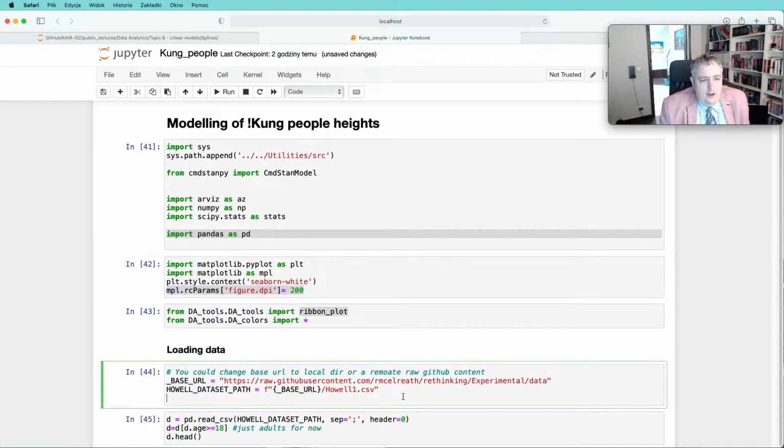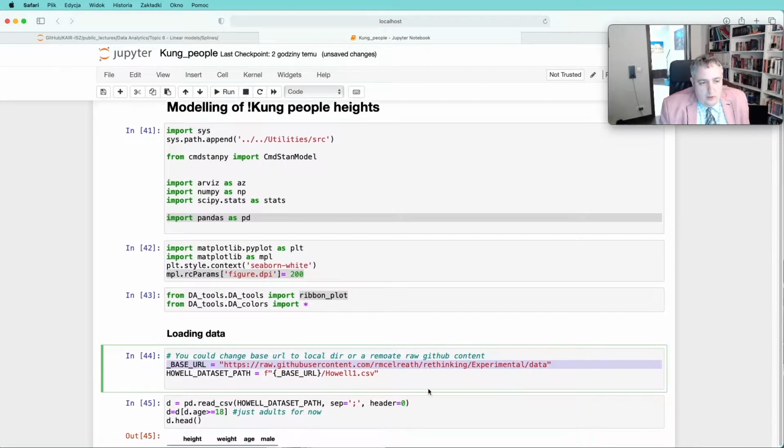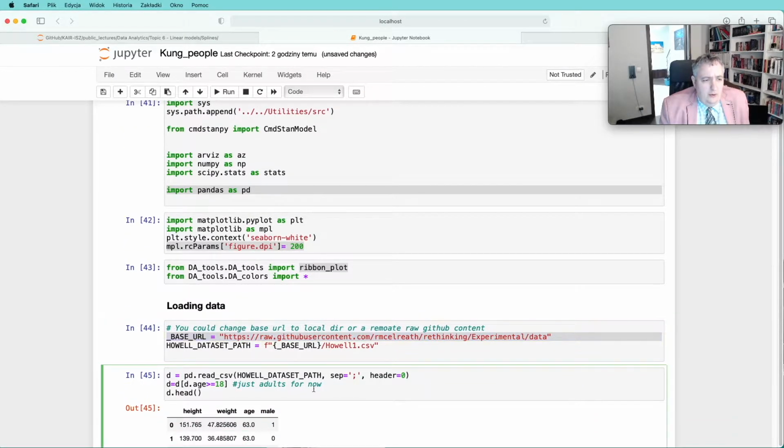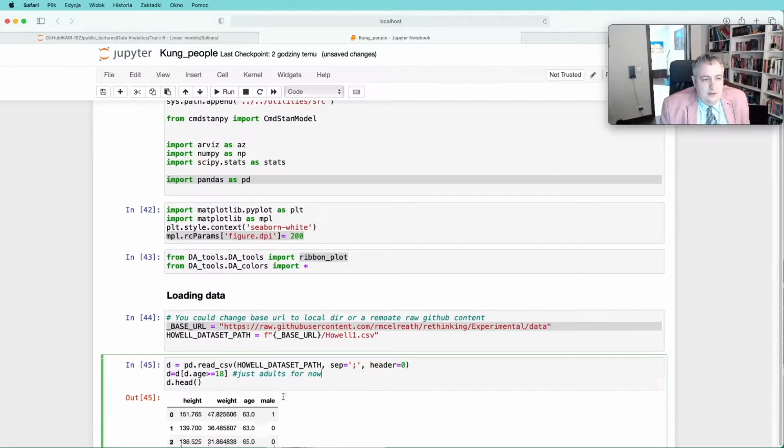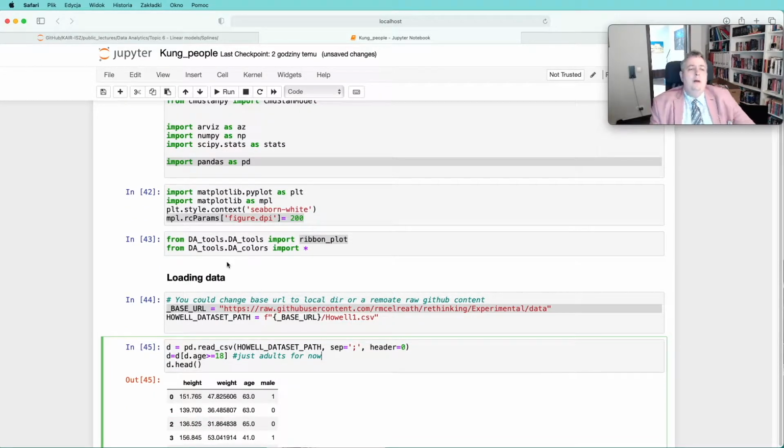We are getting data online, from the Richard McElreath GitHub, and we are using pandas to get it, so we are just reading a CSV file from the web. And at the moment, in order to preserve the locality, we'll focus on the adult part of the population.